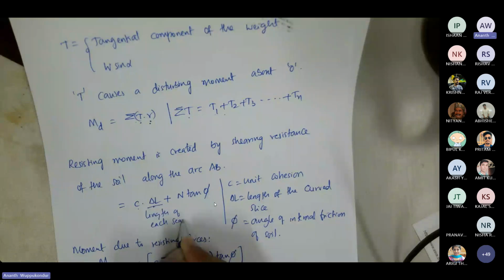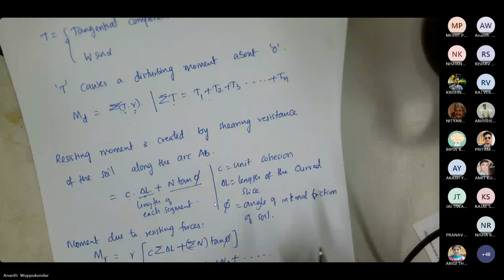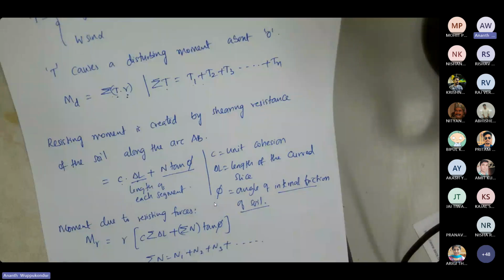So the resistance is provided by the cohesion between the soil layers and also the normal force, which is acting with the angle of internal friction of the soil. So this would be your resisting force.